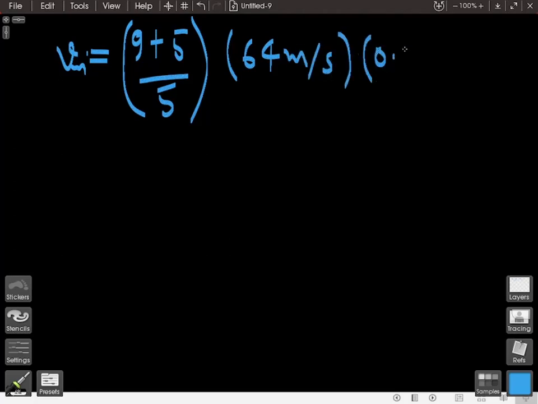Cos theta is cos 80. From this, what we can get is basically the horizontal velocity of the 5 kg mass. Okay, so that's the second part.